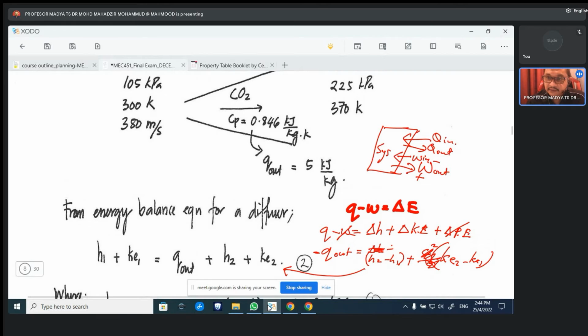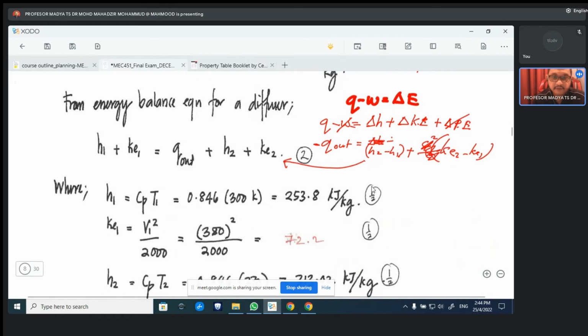Same as Q out. When heat goes out of this system, the sign of Q out is negative. Q in is positive. These are the sign conventions you have to remember when you want to solve thermodynamics problems. So that's why Q out is negative.